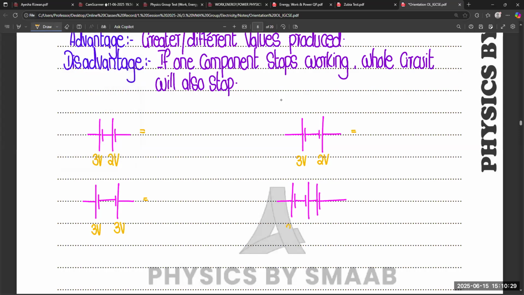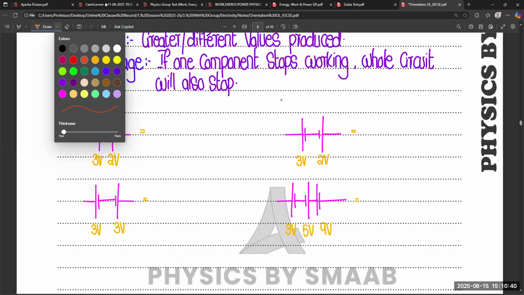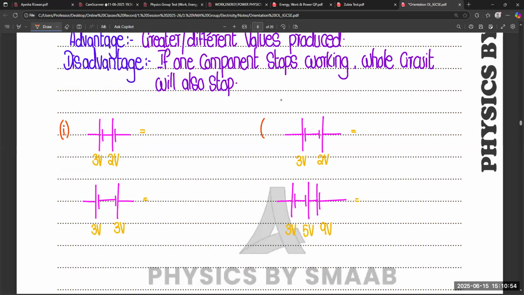We have 3 volt, 5 volt, 9 volt. What will be the answer? So basically, we have four different combinations: number one, two, three, and four.